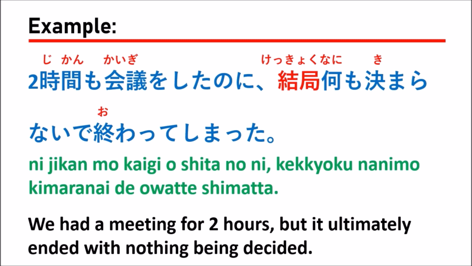In a situation like this, you want to conclude the result of the meeting, that it reached no decision or solution for the problem. So you say 結局何も決まらないで終わってしまった。That means at the last, they ended up with nothing being decided.